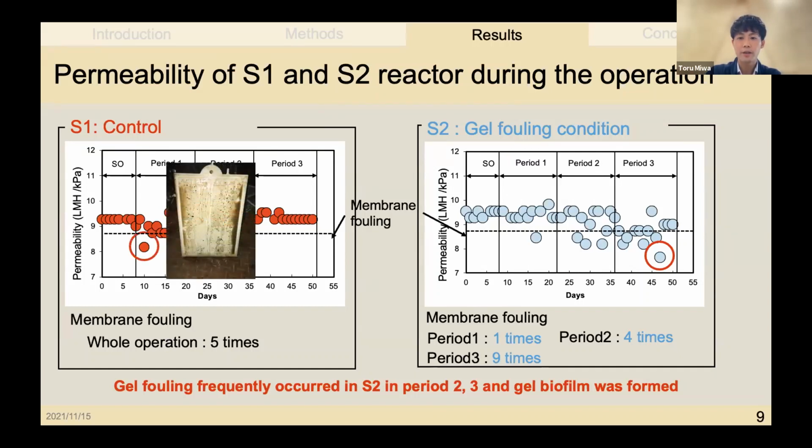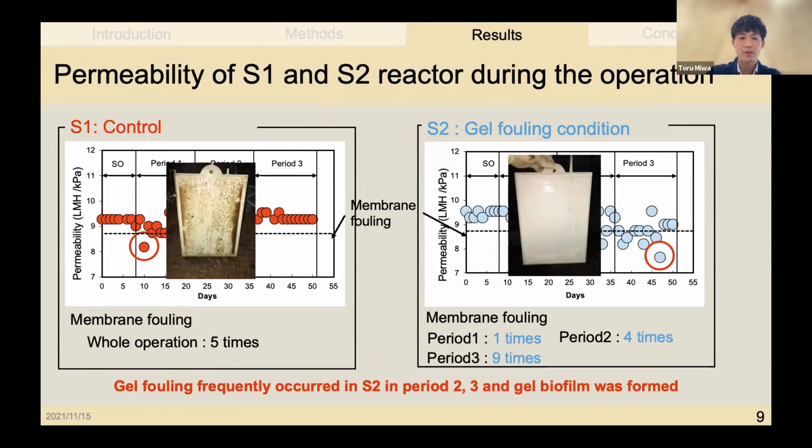On the other hand, permeability of the S2 reactor fluctuated, especially in periods 2 and 3. Membrane fouling occurred 1 time, 4 times, and 9 times in periods 1, 2, and 3, respectively. As shown in this picture, in period 3, a gel layer was formed on the membrane surface. Membrane gel fouling frequently occurred in S2 in periods 2 and 3, and gel biofilm was formed on the membrane surface.